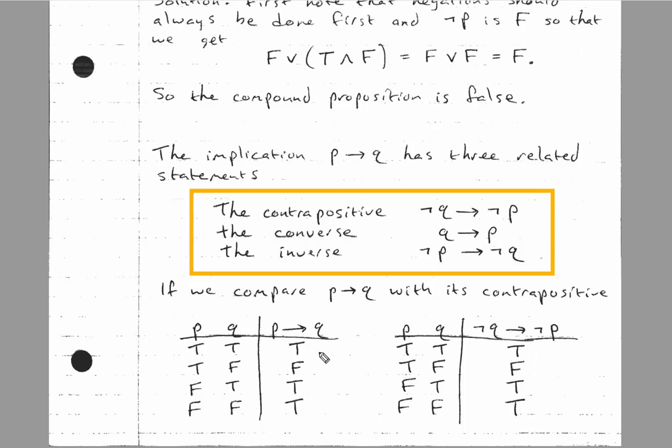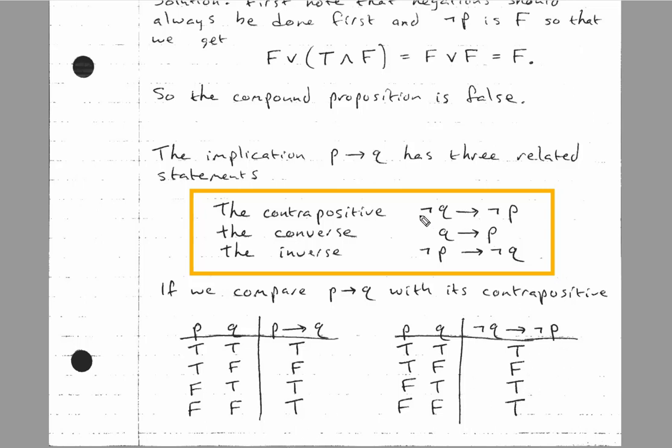So we see, yeah, we're getting the same, it's really the same truth table. It has the same T's and F's coming out. Okay, so if two compound propositions have the same truth table, then we say that they're equivalent. Alright, so this is working this out.